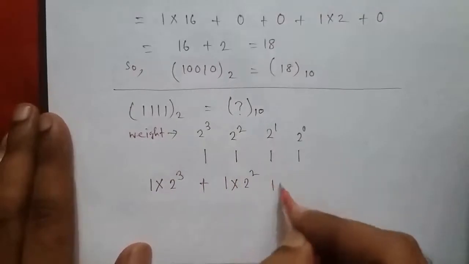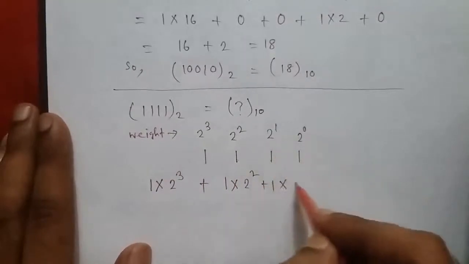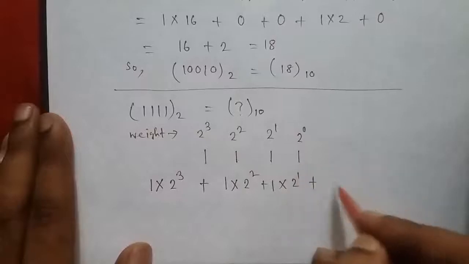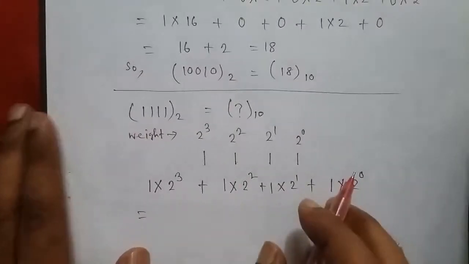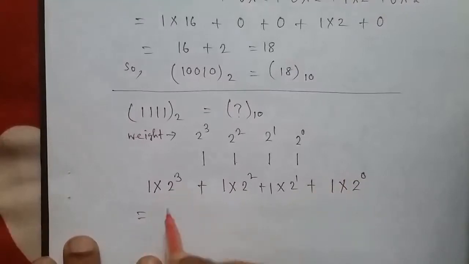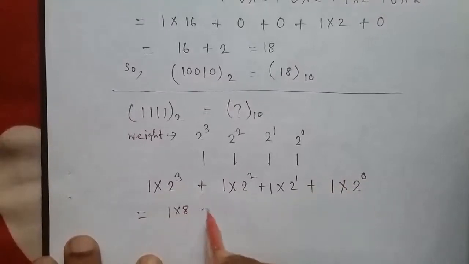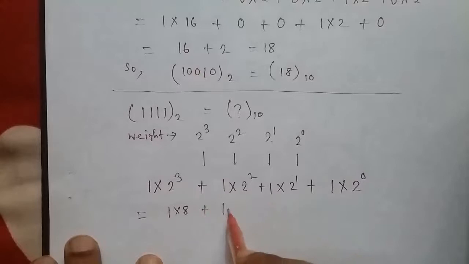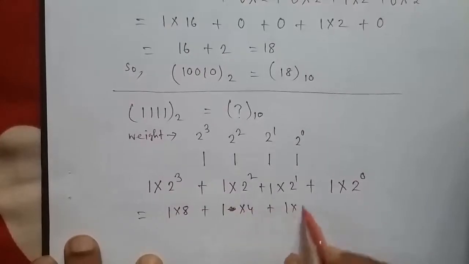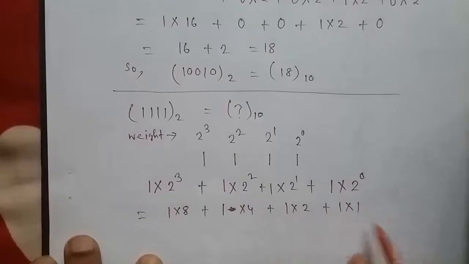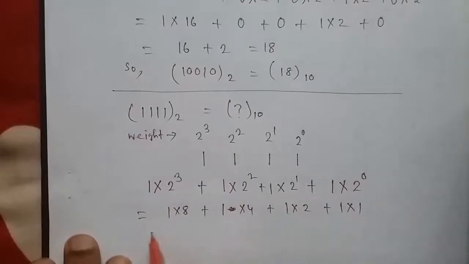Then this one, 1 into 2 to the power 1, plus 1 into 2 to the power 0. So here 1 into 2 to the power 3 means 1 into 8, this one will be 1 into 4, this one 1 into 2, and this one 1 into 1, because 2 to the power 0 means unit 1.